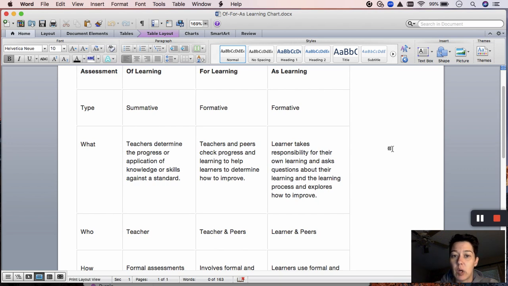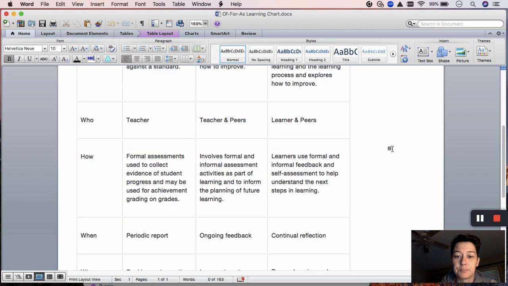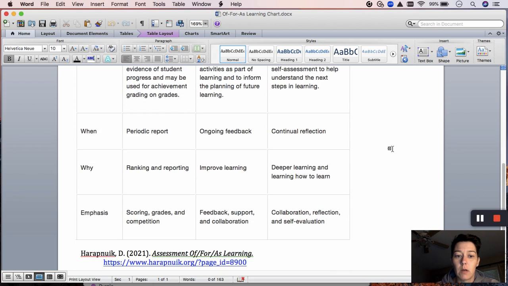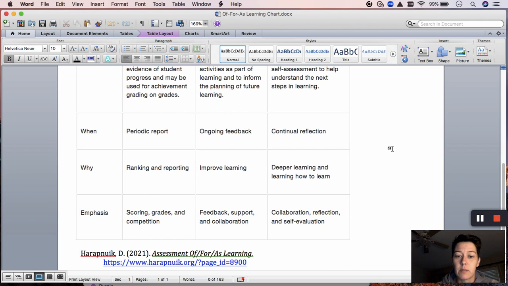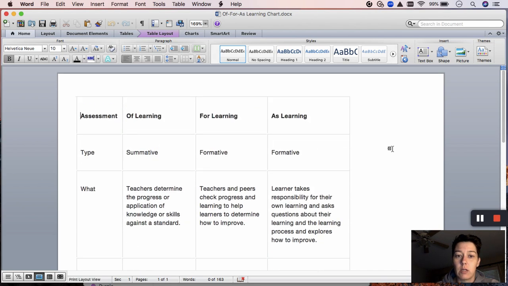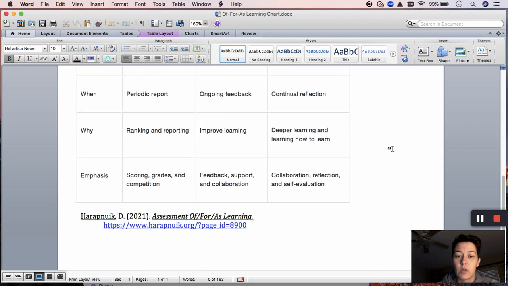So I think the part about the observer providing feedback falls under for learning, and then the learner reflecting on that fits into the as learning part of that activity. And then the emphasis for assessment for learning is on feedback, support, and collaboration. And for assessment as learning, the emphasis is on collaboration, reflection, and self-evaluation.